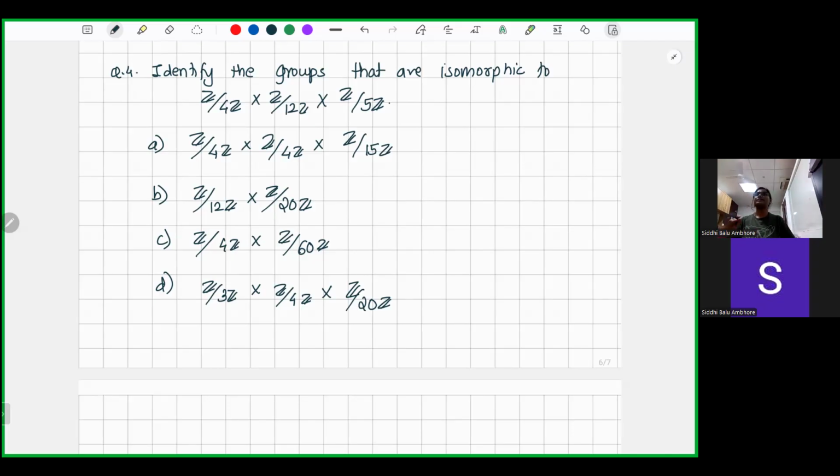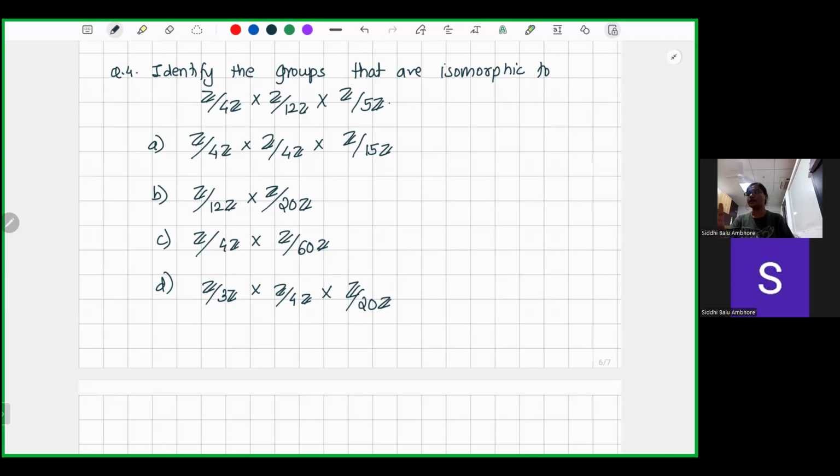And in finite cases, if a map is bijective, the cardinality of both domain and codomain must be the same. So we are in a finite case right now. The moment you see such questions, the first thing you can do is discard the options which do not have cardinality equal to the given group.